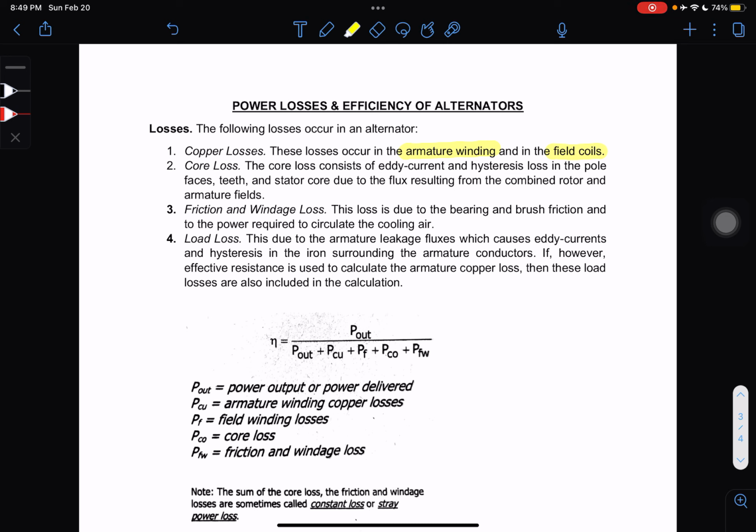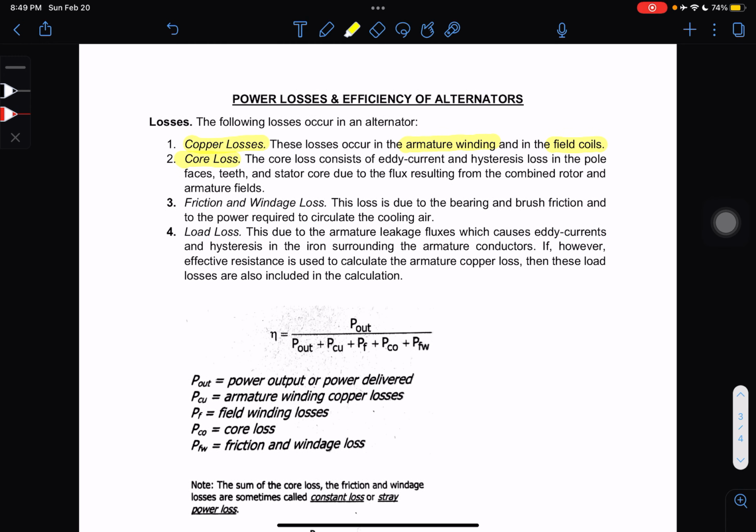And for our core loss, core loss consists of eddy current and hysteresis loss in the pole faces, teeth, and stator core due to the flux resulting from the combined rotor and armature fields. And number 3, we have friction and windage loss. This loss is due to the bearing and brush friction and to the power required to circulate the cooling air.